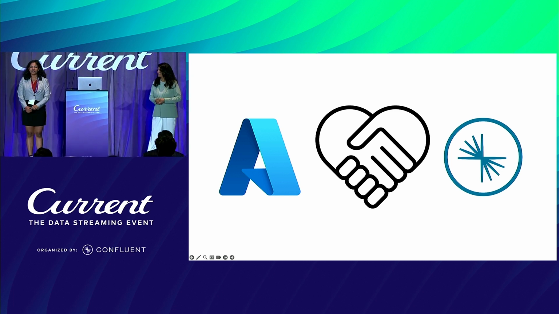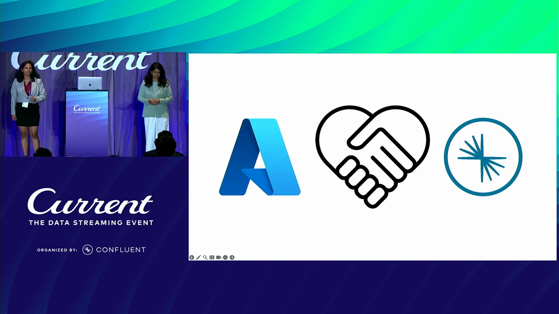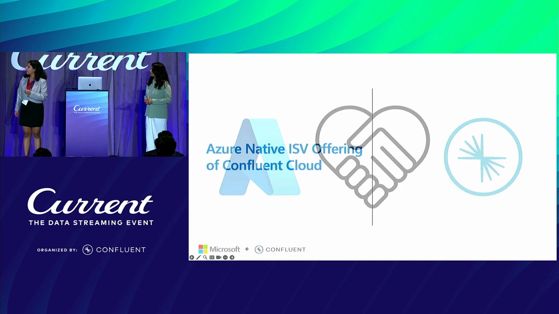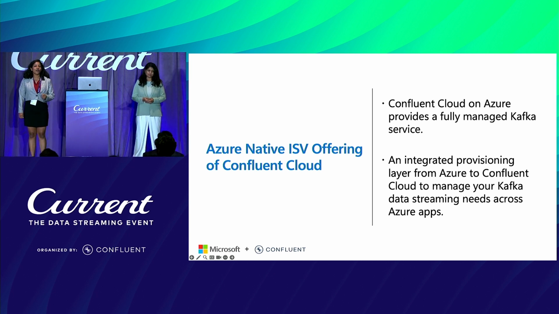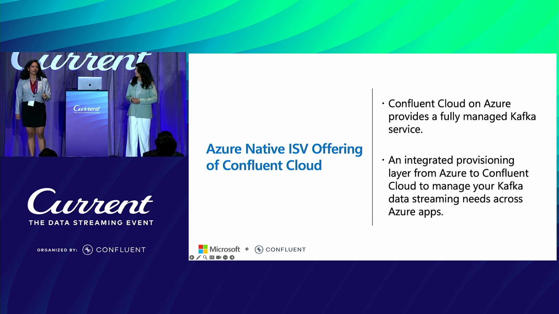Yep. So to pick it up from where Israel left, we are talking about a love story which has emerged between Azure and Confluent. And how do we make sure that this story actually blooms and grows, right? So we're talking about Azure Native ISV offering. So what do we do in Azure Native ISV offering? Confluent Cloud is now provided as a solution in Azure Marketplace.